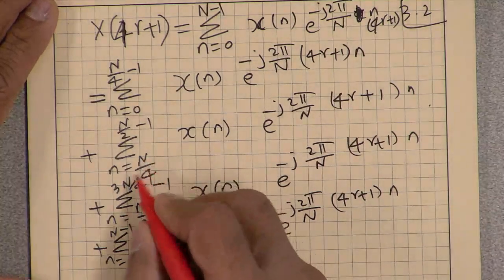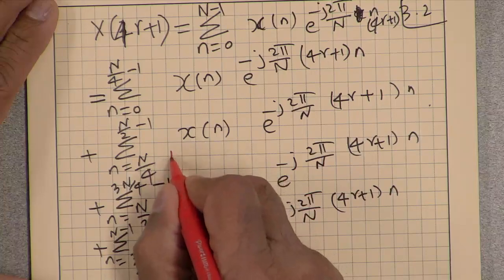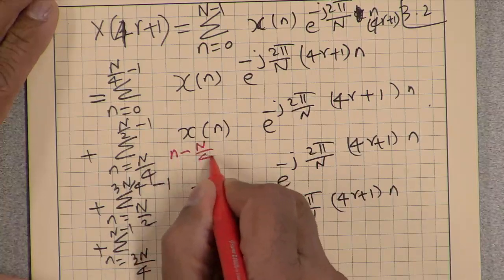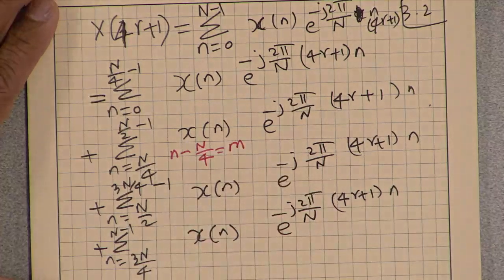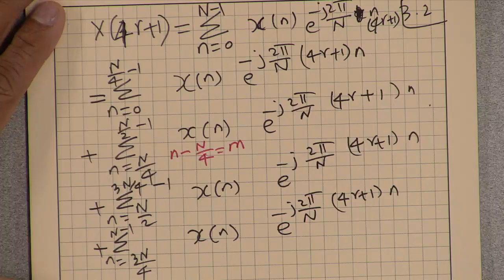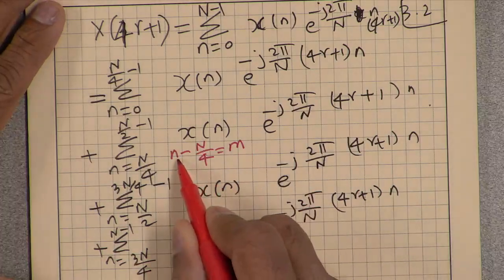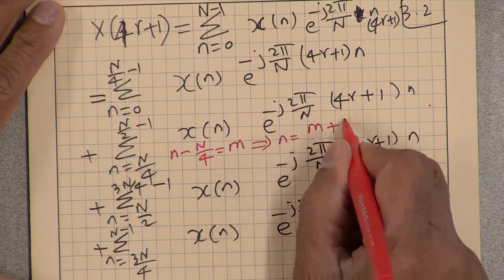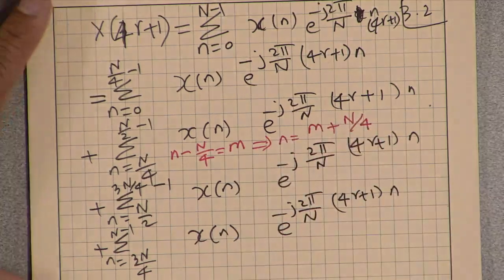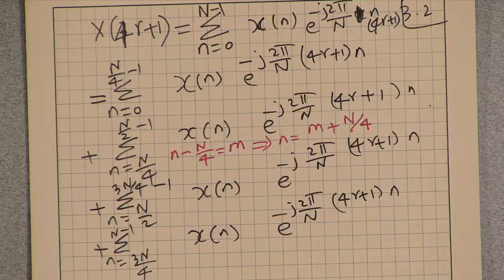And then we are going to do those same substitutions. n minus N by 4 is equal to a dummy index m, and then I can put back m as n. So think about it, this n is equal to m plus N by 4.